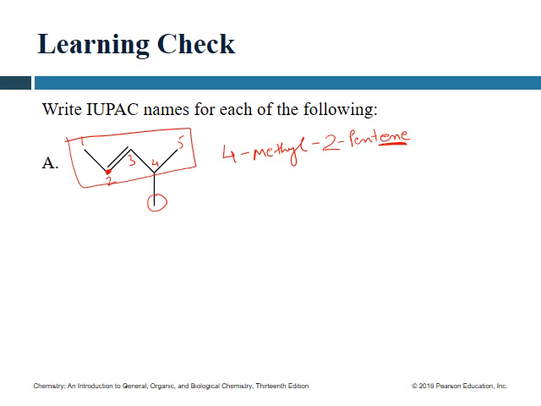So 4-methyl-2-pentene. You can write the same name differently, like 4-methylpent-2-ene. I just moved the 2 in between pent and ene, so it's also okay. As long as you are specifying where the double bond is, it's good, right? Both names are correct.